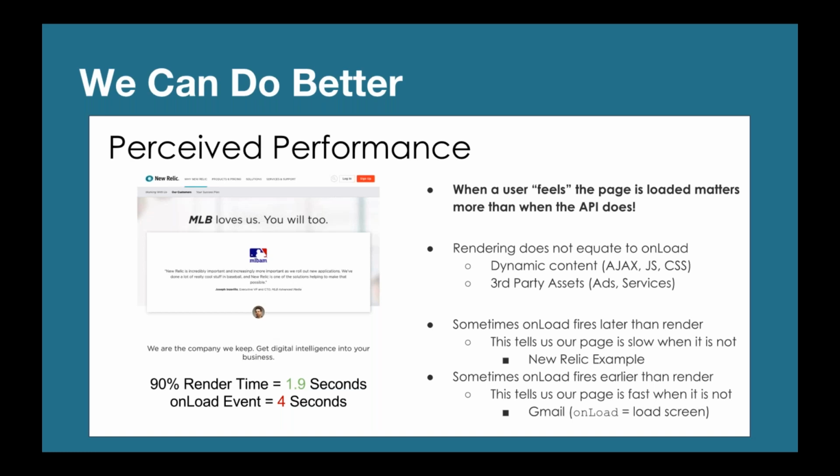But we can do better, right? From a performance perspective, a lot of what the market is switching to is perception. What a user feels from a speed perspective matters a lot more today than what the API says.